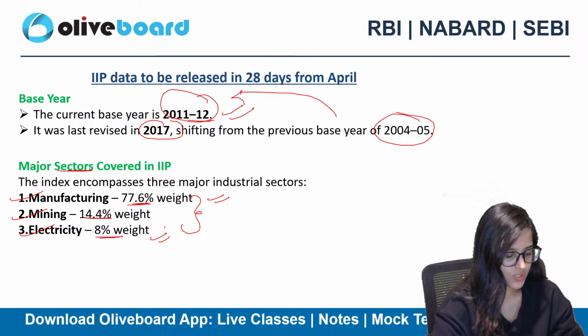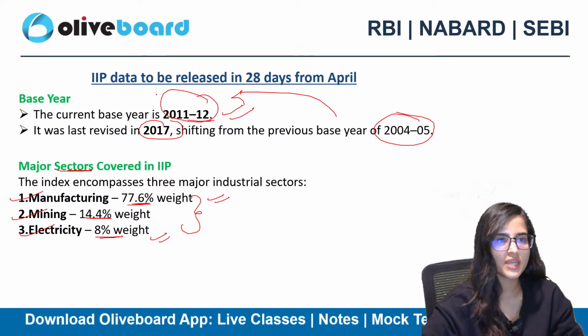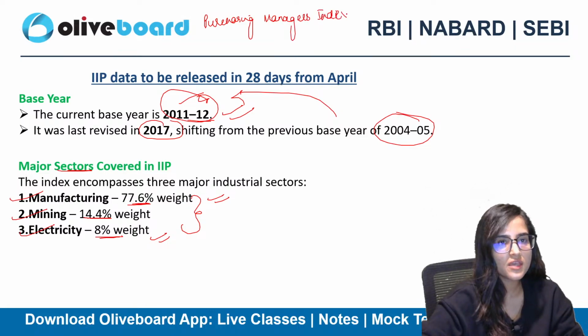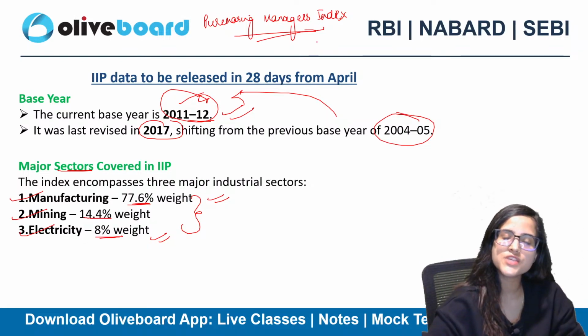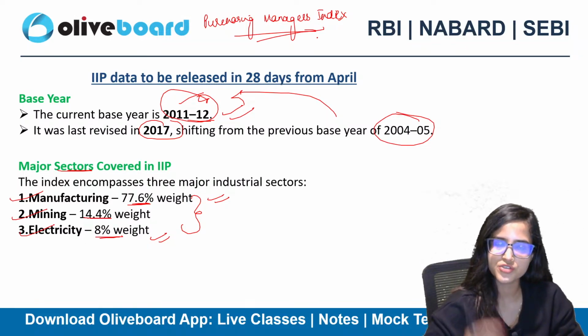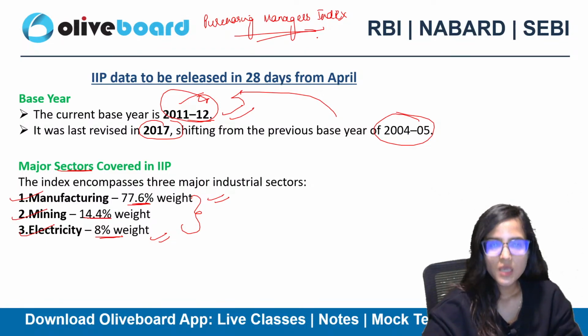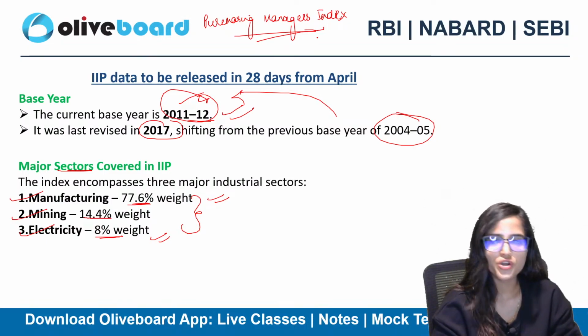Kaustav, if it goes above 50, then expansion? No, that is your Purchasing Managers Index. You are getting confused. When we talk about PMI, we are surveying the top industrialists, the companies and industries, to see what their business expectations are, whether they are positive and it is going to expand or it is going to contract.